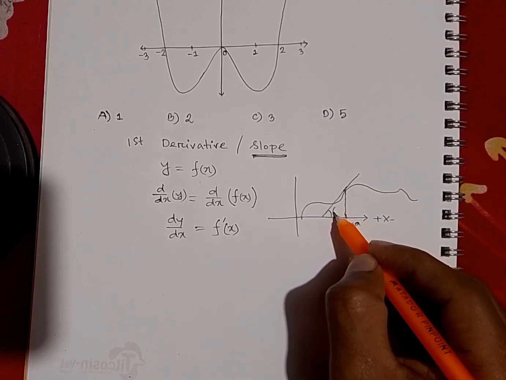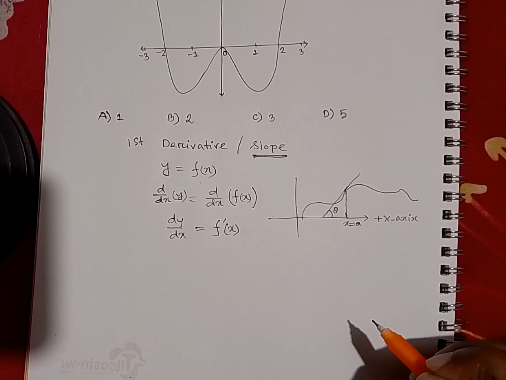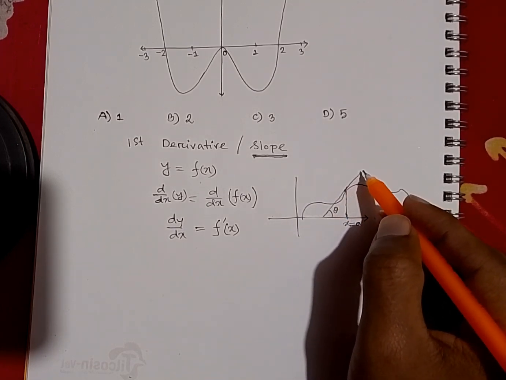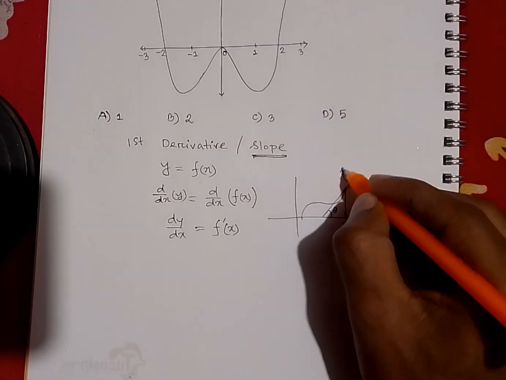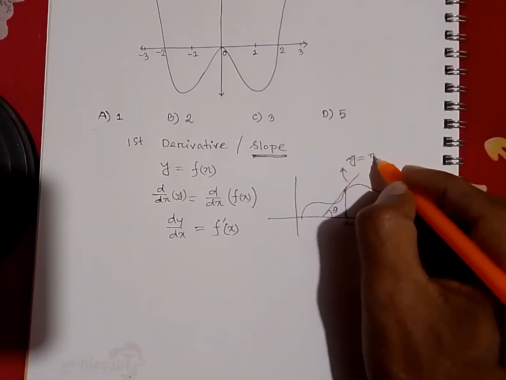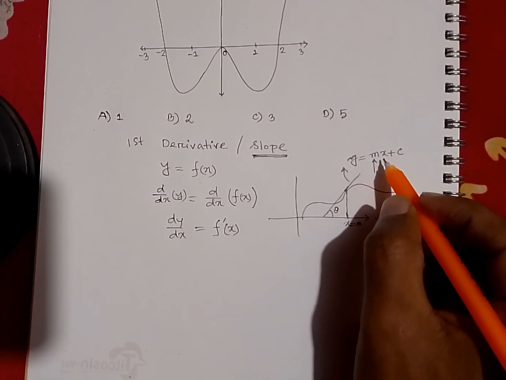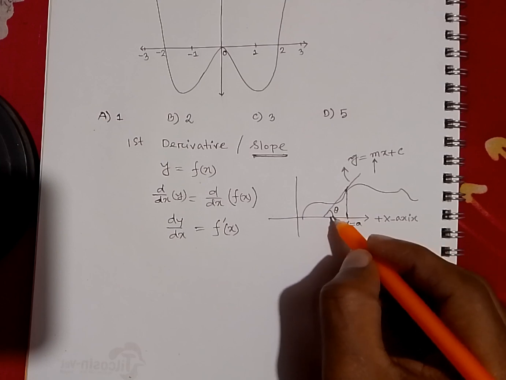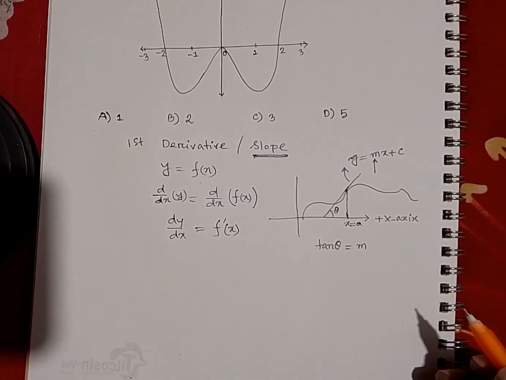So let's take theta as the angle. The tangent is a straight line, and we know that a straight line is of the form y equals mx plus c, and this m is called the slope of the tangent. So tan theta, the tan of this angle, is equal to m.